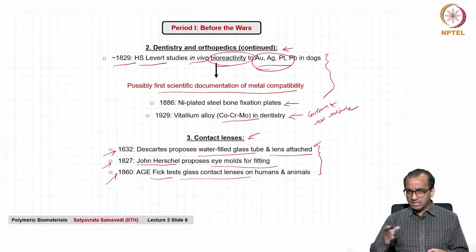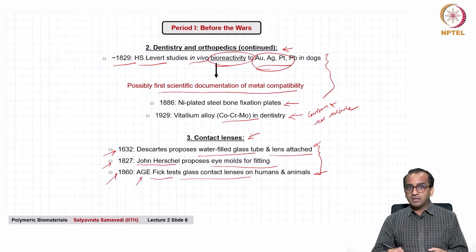You would have to go through a series of regulatory approvals before you can test something in animals, leave alone humans. But again, in the 1860s, it is very significant to note that there was somebody trying to think about how to improve contact lens designs.